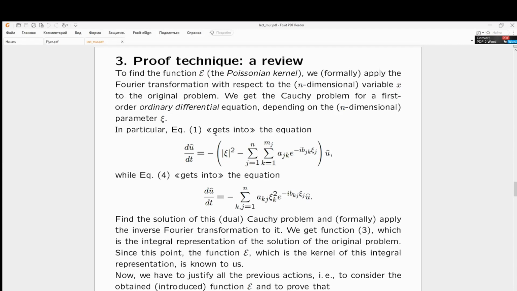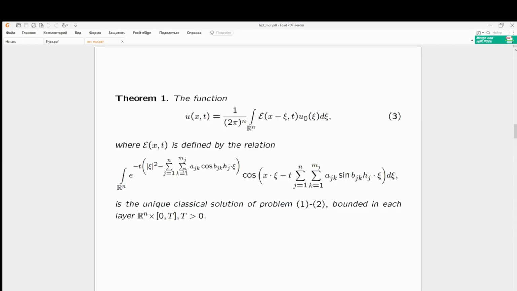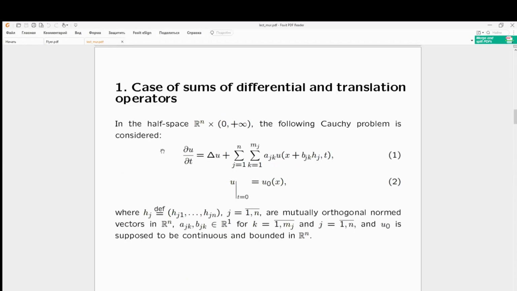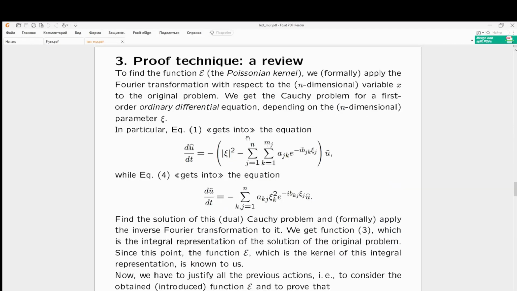Once we apply the Fourier transformation, we get an ordinary differential equation depending on the n-dimensional parameter psi. In particular, equation 1, let me get back, goes into this ordinary differential equation.